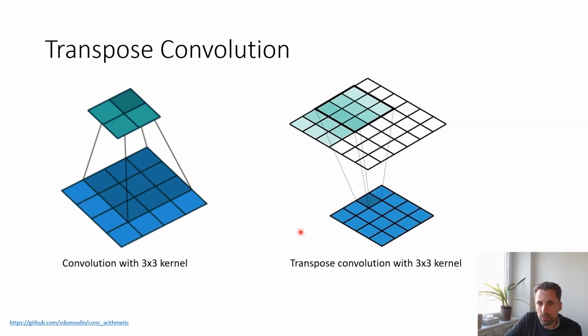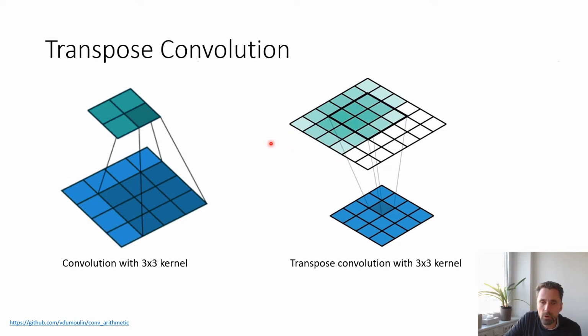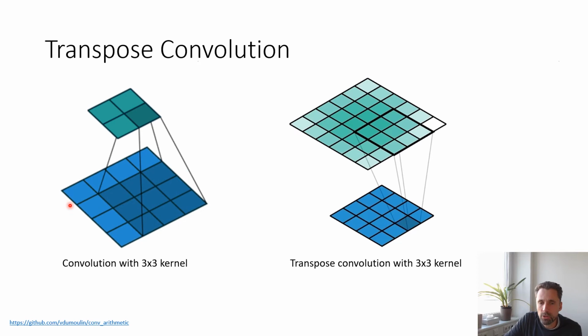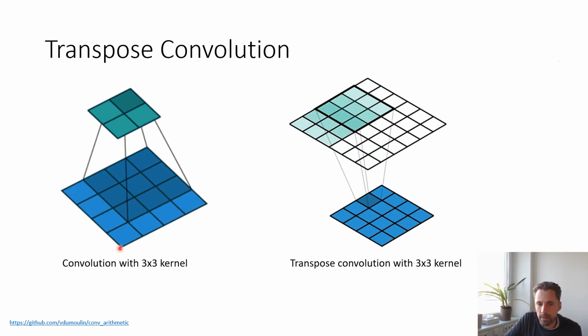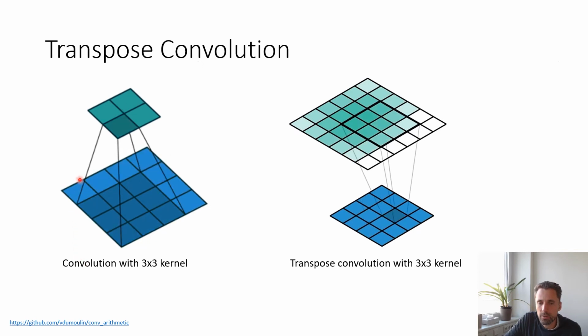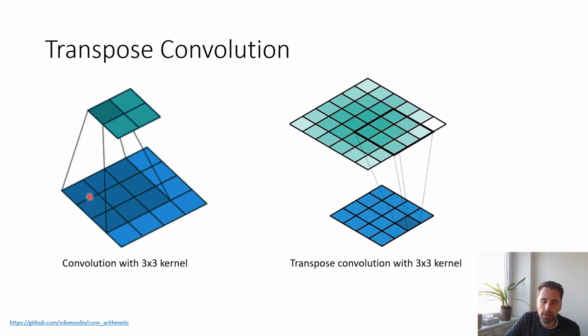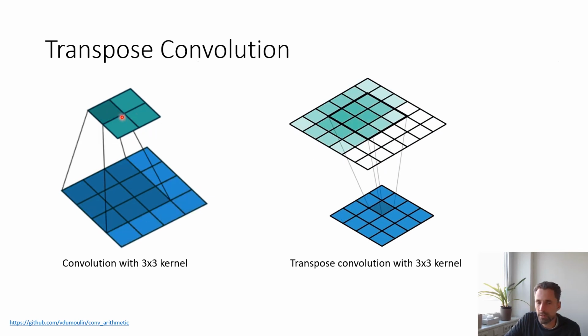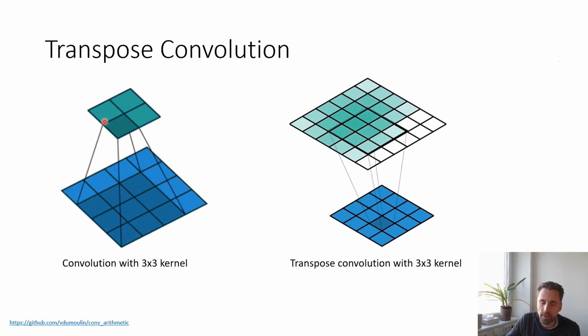Another way to do upsampling is so-called transpose convolution. So remember what convolution is. Convolution takes in a, let's say here, 4x4 matrix, and using this 3x3 kernel, then uses dot-wise products, and then sums up everything and writes the result in this next layer.